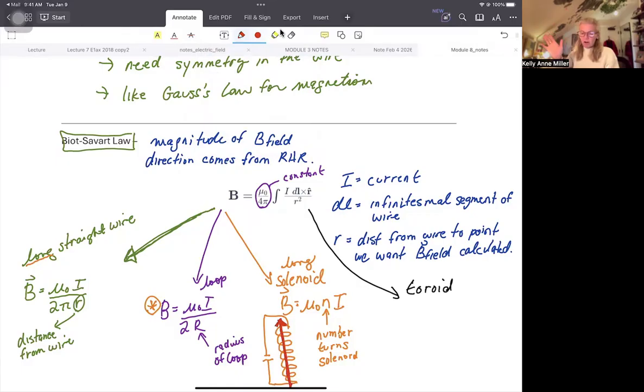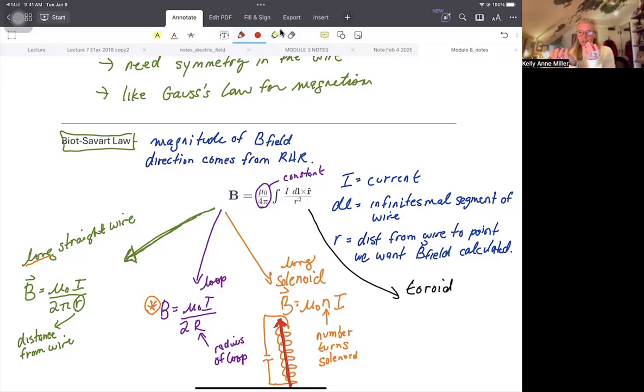If the current is going up, then the B field is in this direction according to the right-hand rule. If the current is down, then the B field is that way. It depends on the direction of the current as to whether this arrow is pointing up or down. But that's what a solenoid is.